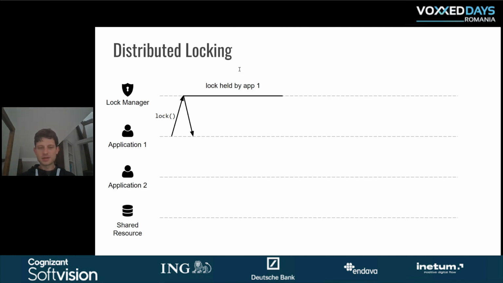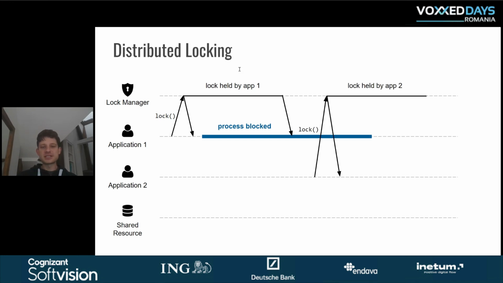Everything is good. But now any application process can be blocked for some reason. I don't know, you can have stop-the-world garbage collection or anything. I mean, it's not predictable what happens in your application. So if the application process is blocked for some time, okay, the lease expires, so application 2 acquires the lock and writes to the shared resource.